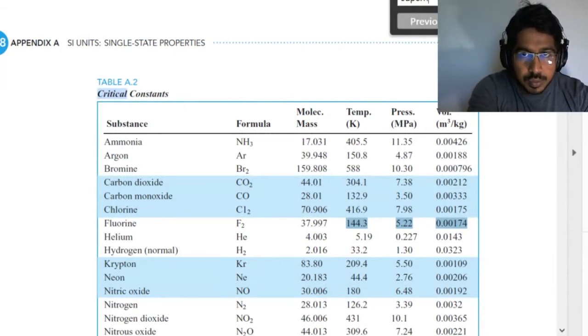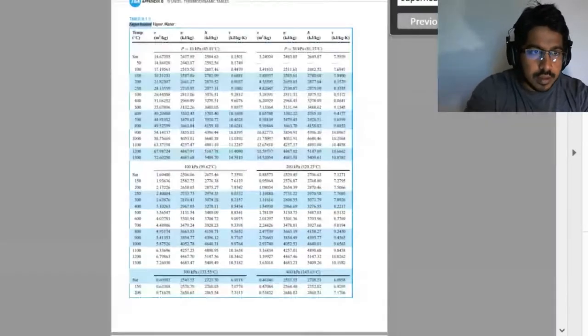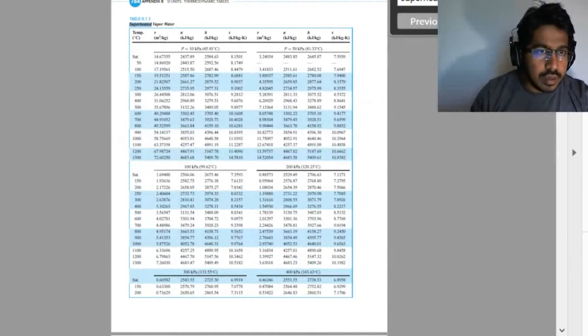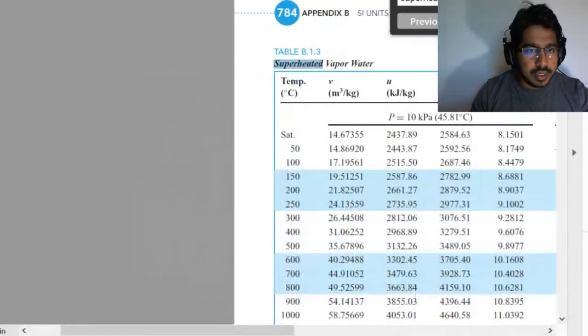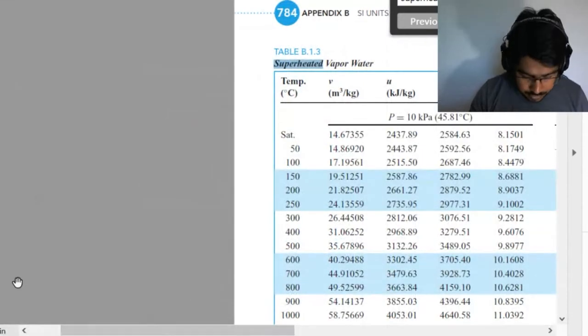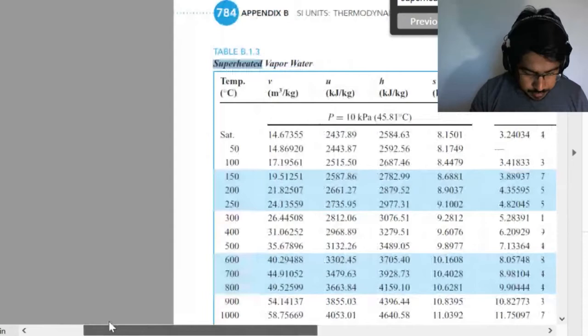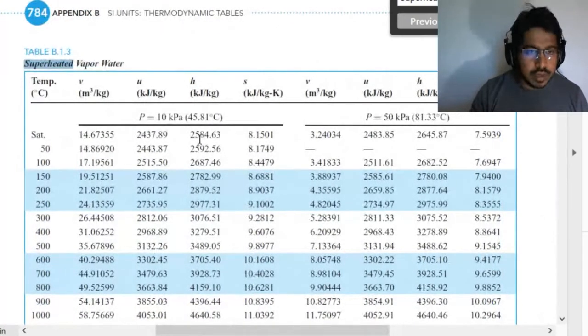I will type superheated water vapor, right? In this scenario, what we are trying to do is find 10,000 kilopascals, right?